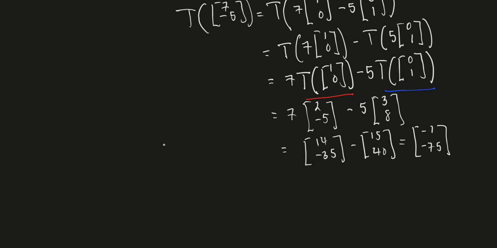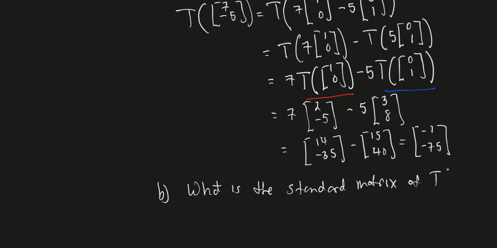So then let's figure out now what is the standard matrix of this transformation. So what is the standard matrix of T? And remember, we stated that theorem at the end of the last video that said that every linear transformation from Rn to Rm has a standard matrix and can be represented in that matrix form.